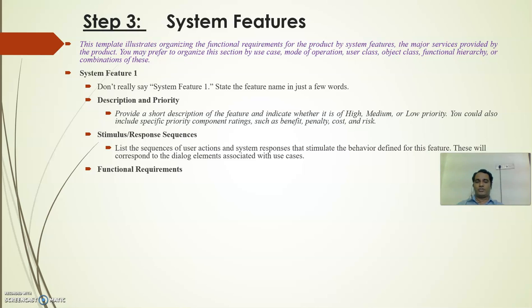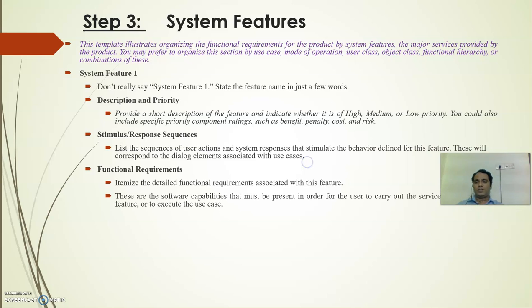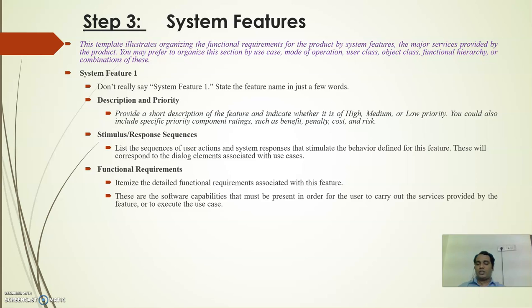Functional requirements are most important. Itemize the detailed functional requirements associated with this feature. For each and every feature we need to write this, please understand. These are the software capabilities that must be present in order for the user to carry out the service provided by the feature or to execute the use case.